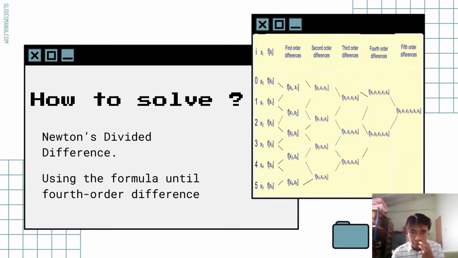For the final result, let's say we want to find the interpolation of 100. It will add all the f(x) values until the end, and we will find the approximation of the value.